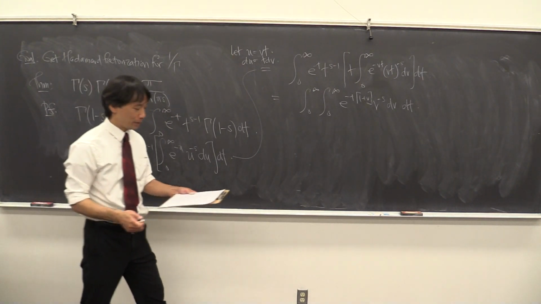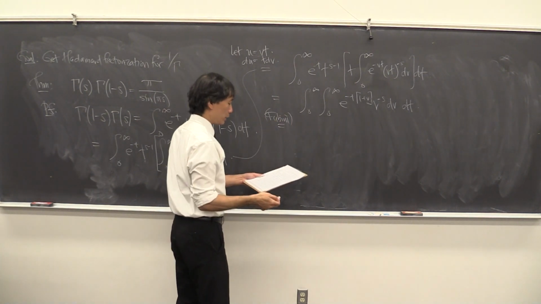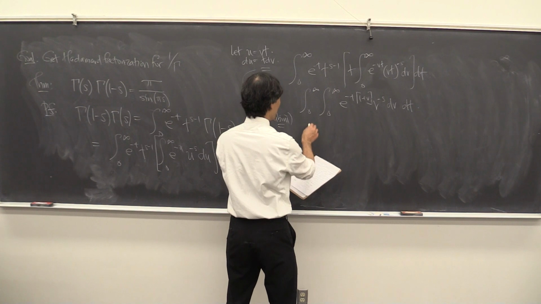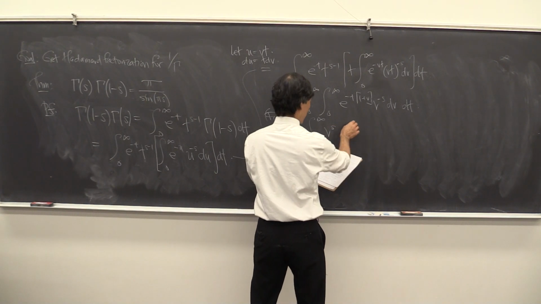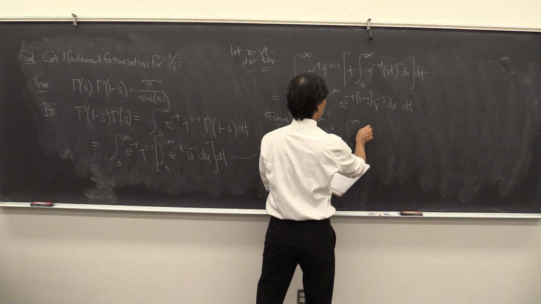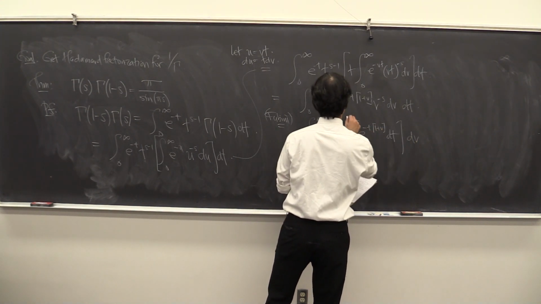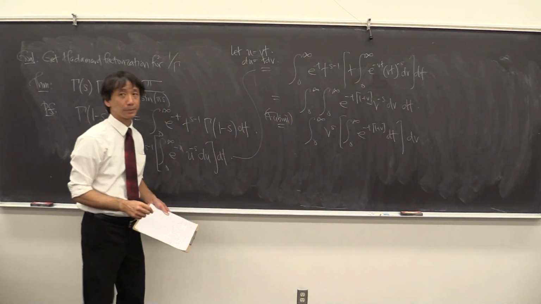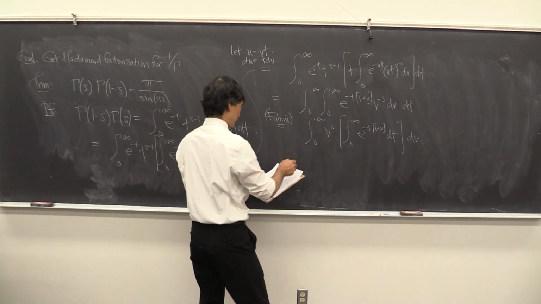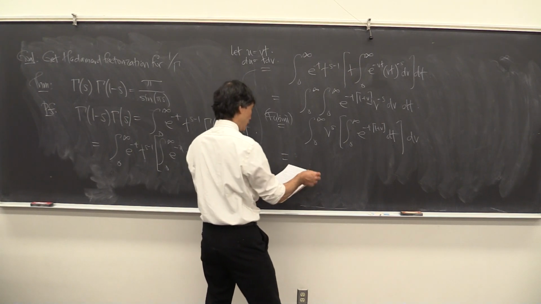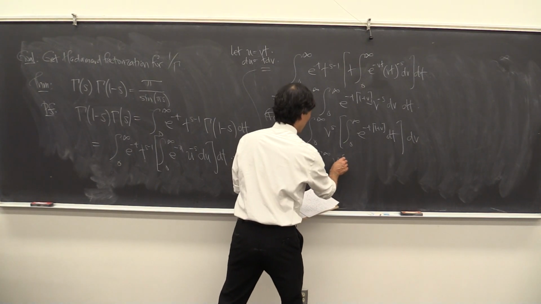Then you use Fubini's theorem to change the order of integration. We're going to integrate with respect to t first. You do the integration and you get the integral from 0 to infinity of v to the negative s over 1 plus v dv.